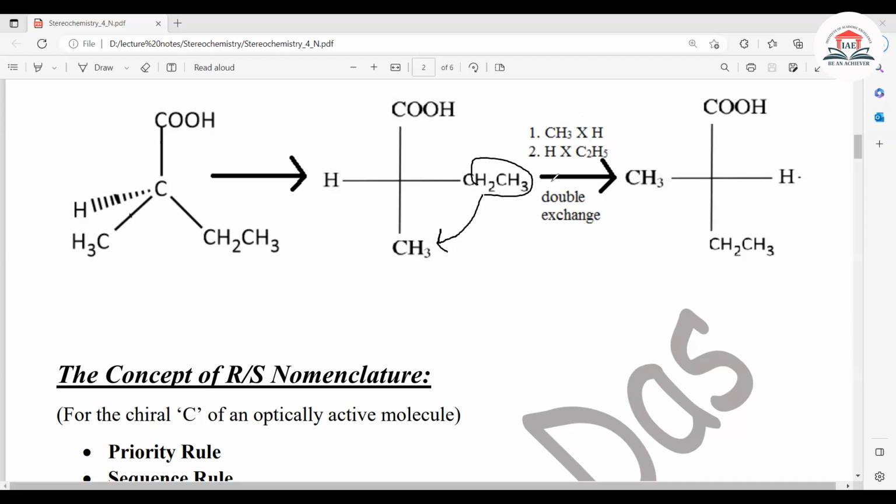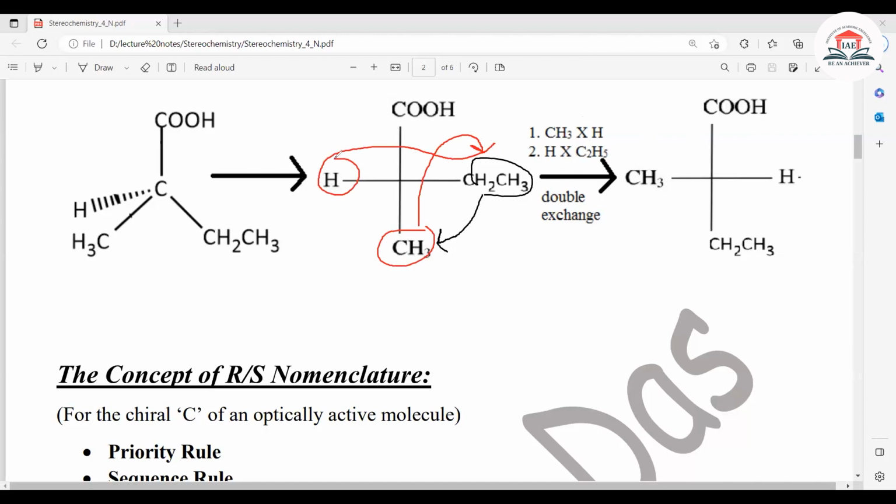It is written here. So what will happen? At first, ethyl will go in the place of methyl, and methyl will go in place of ethyl, and then in the next step this will again change position with the hydrogen.